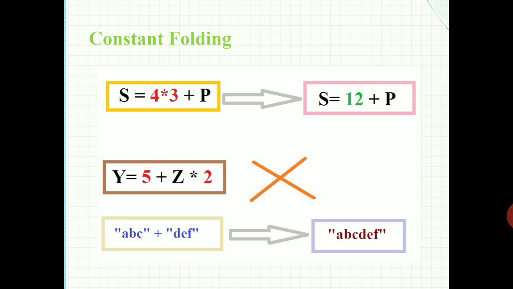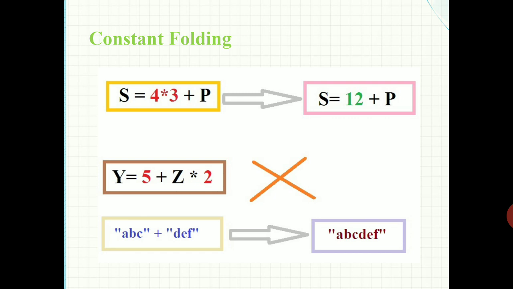We can also apply constant folding to strings, that is, for the concatenation of constant strings. Consider the two strings ABC and DEF.